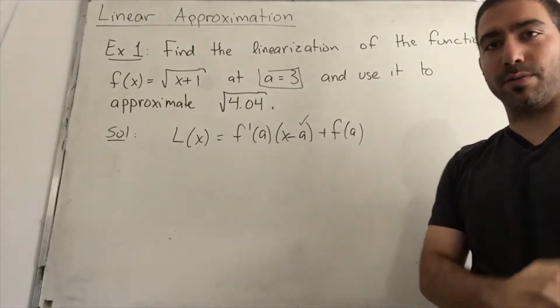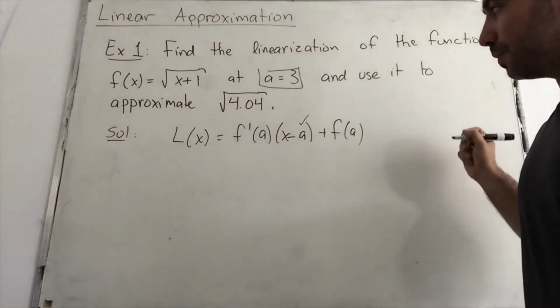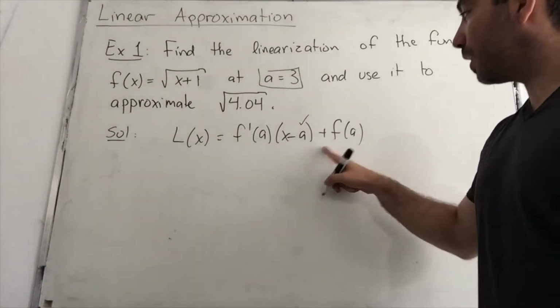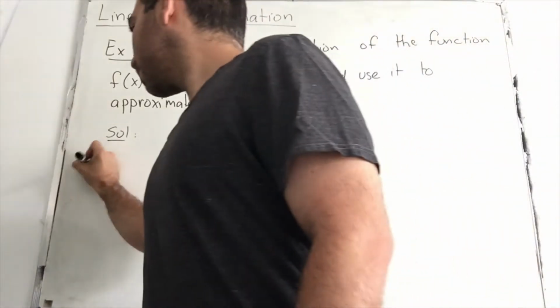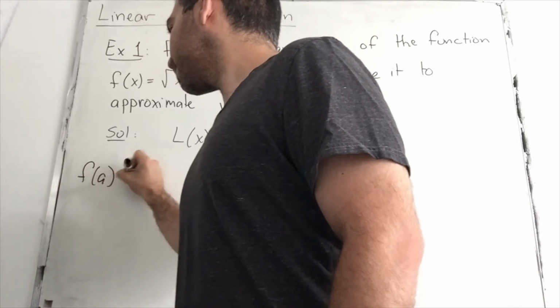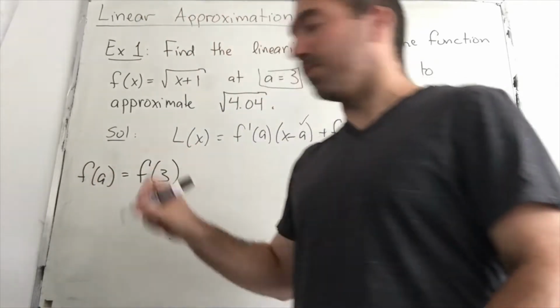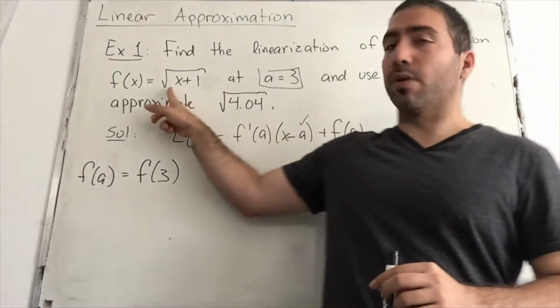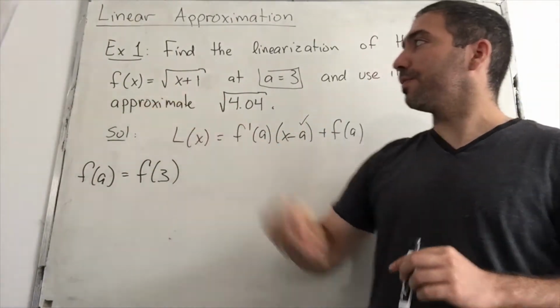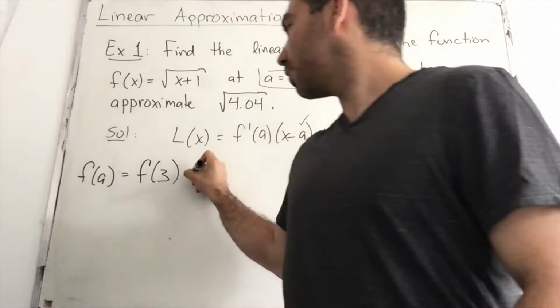So let's go ahead and do that. Getting f of A is simple. That's just solving for f of 3, because our A is 3. We're going to substitute it into our function f of x equals square root of x plus 1.